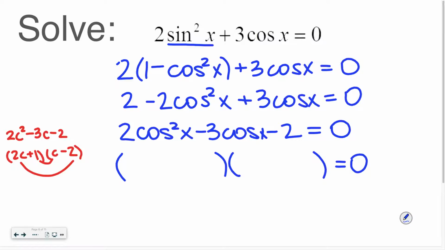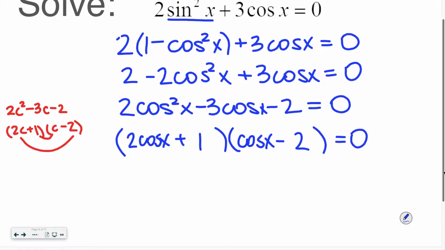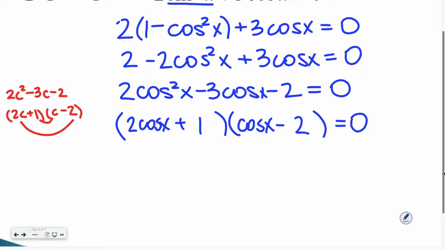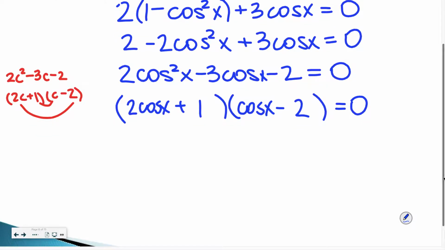So this would factor to 2 cosine x plus 1 and cosine x minus 2. Just like we would over here, we need to set each of these factors equal to 0. So we have 2 cosine of x plus 1 equals 0, and cosine of x minus 2 equals 0.